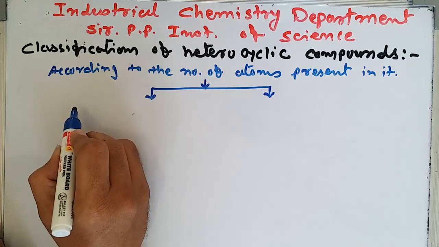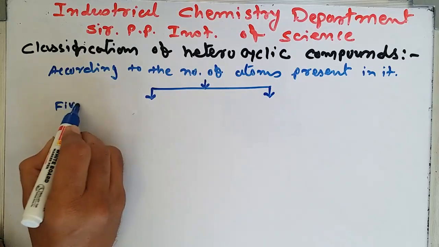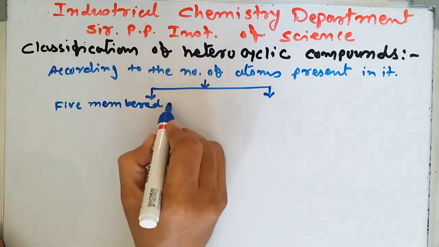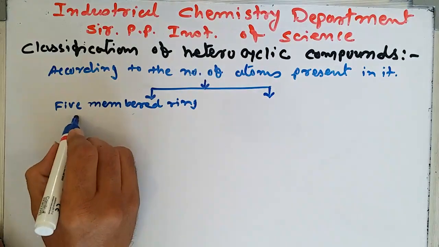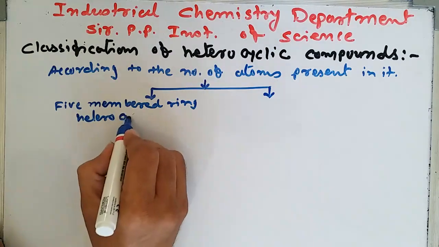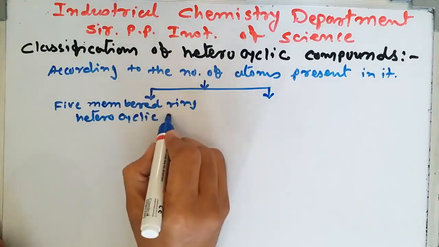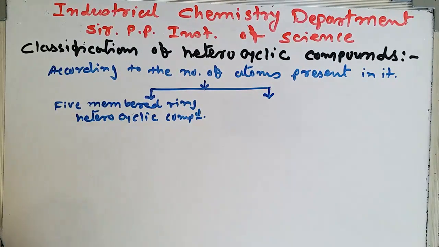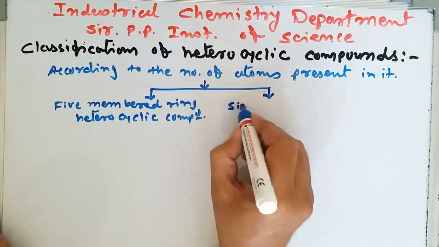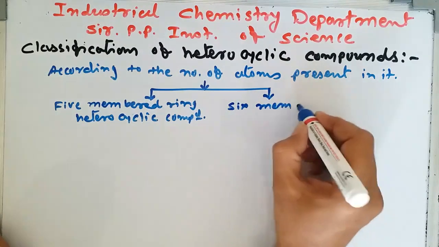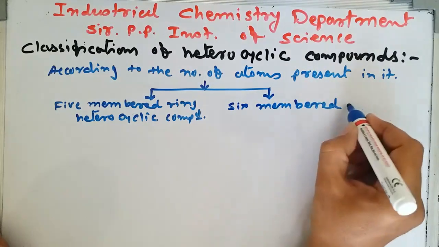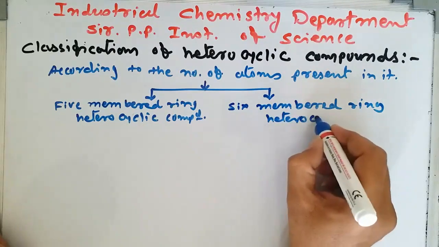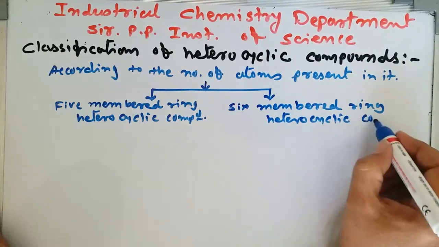One is 5-member ring heterocyclic compound, and the second part is 6-member ring heterocyclic compound.